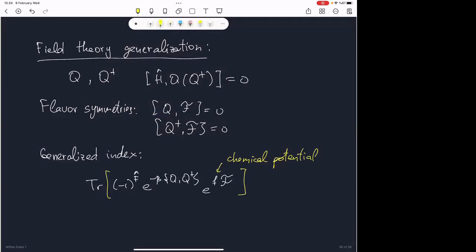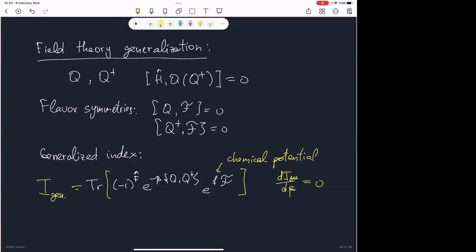Because you see it doesn't depend on beta. How to check that? Again, very roughly, let's call it E generalized. Just take the derivative, dE generalized over d beta, and you can easily show that it equals 0.